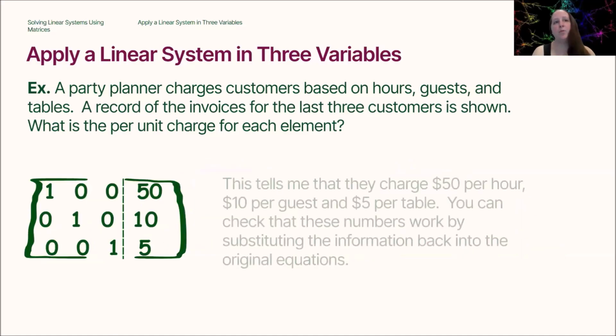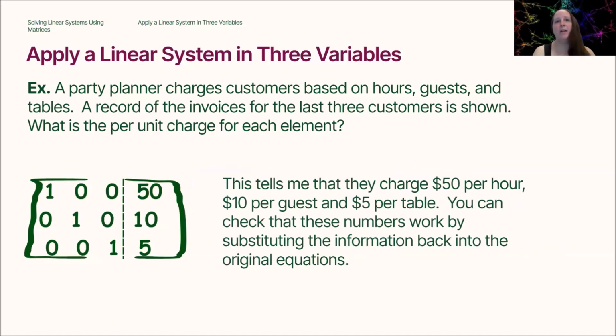When I do that, I find that it charges $50 per hour, $10 per guest, and $5 per table. You can always check that these numbers actually work by substituting that information back into the original equations.